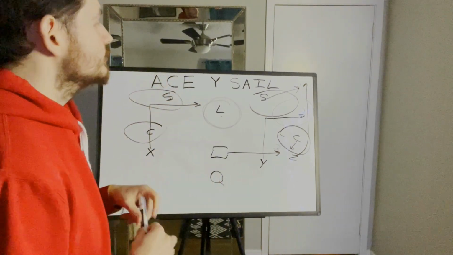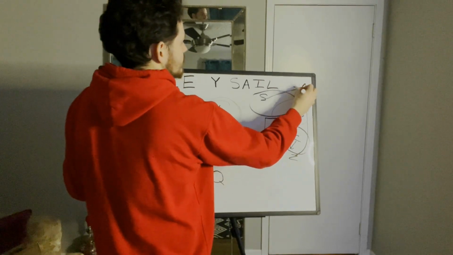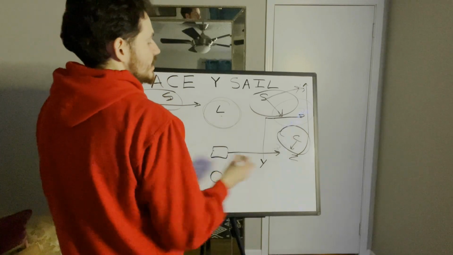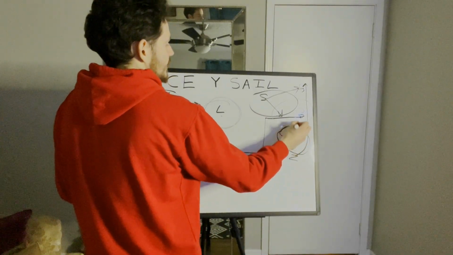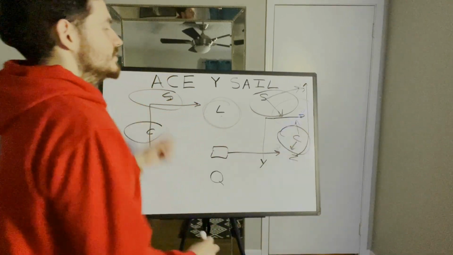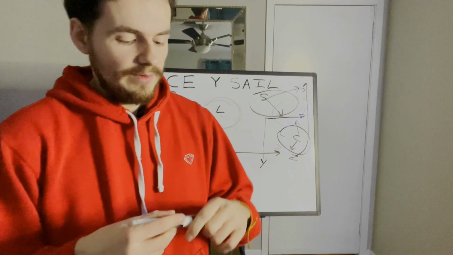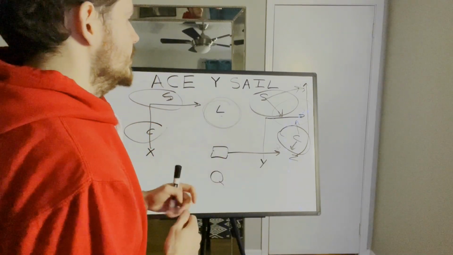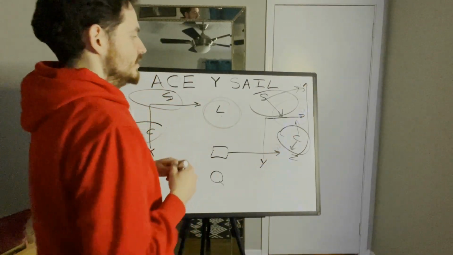The safety now has to choose between the mandatory outside release or the sail, and the corner has to choose between the center and the sail as well. So they can't be right every time. The only way they are going to be right is if the quarterback is wrong. That's why the triangle reads are so important, because it makes it easier on everybody.